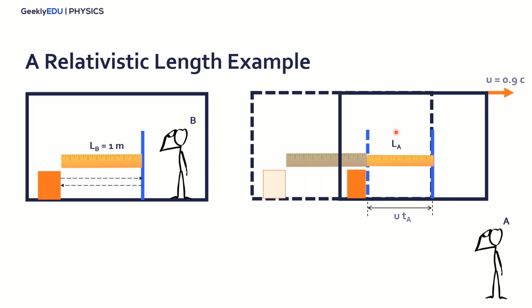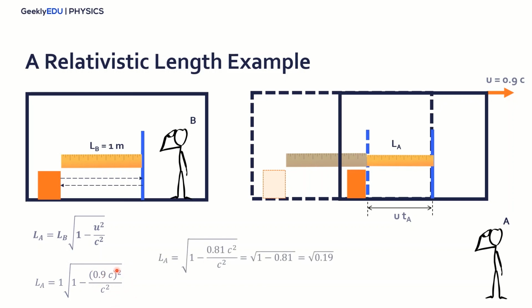So according to our previous calculations, the length for A is the length for B times the square root of 1 minus u squared over c squared. Now we can just add the values here. So we have that L for A is 1, the length of the ruler for observer B, times the square root of 1 minus 0.9c, that's the speed of the car, squared over c squared.